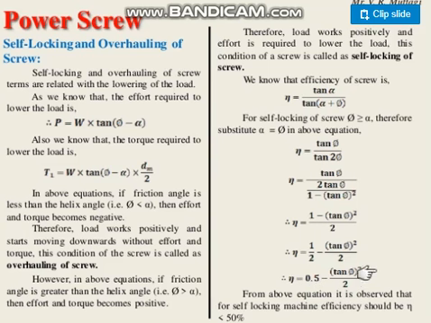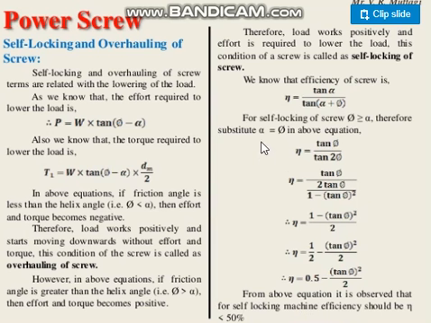If this value is 0, it will be 0.5. If this is 0.1, it will become only 0.4. Any value of phi here will make it less than 0.5, not more than 0.5. 0.5 means half, so the efficiency can never be more than half. Half means 50%. So from the above equation, it is observed that for a self-locking screw, efficiency will be less than 50%.